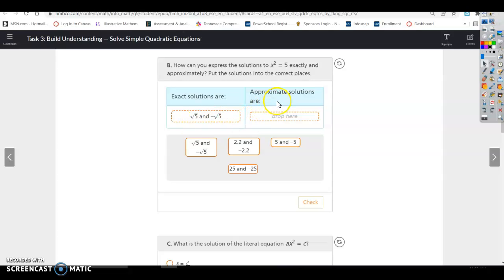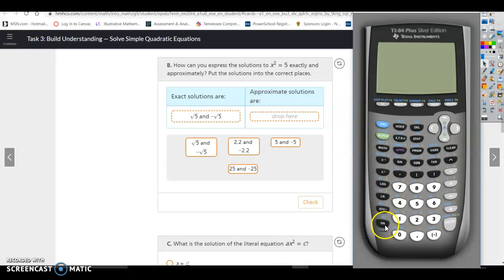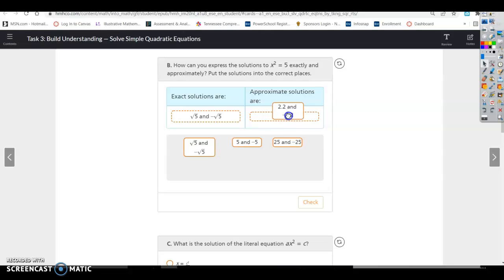And to get an approximate answer, you can find the decimal version of this and just round it. So if you want to know what the square root of 5 is approximately equal to, just type it in. So the square root of 5 is approximately equal to 2.2, which means negative square root of 5 would be negative 2.2.